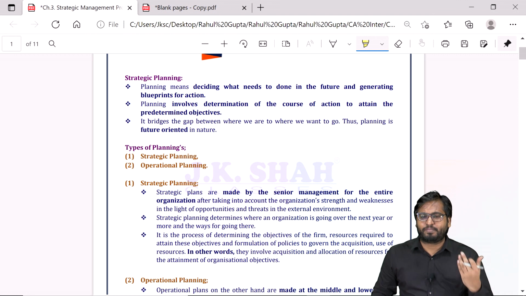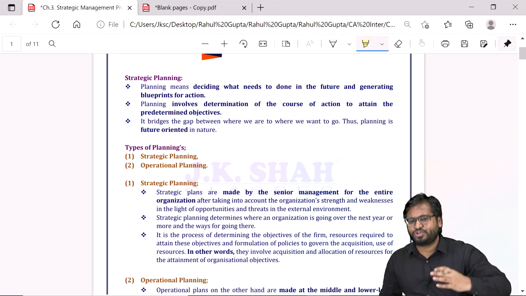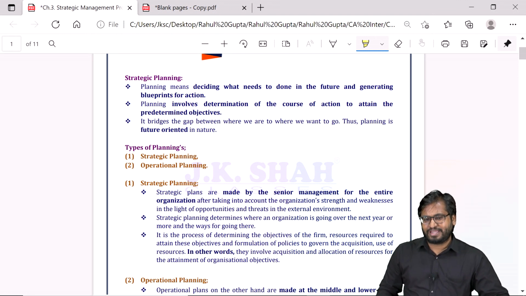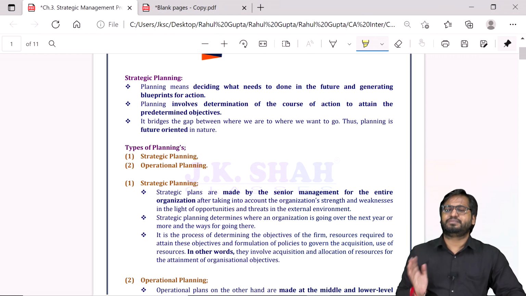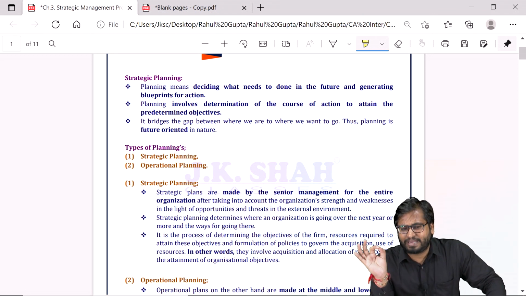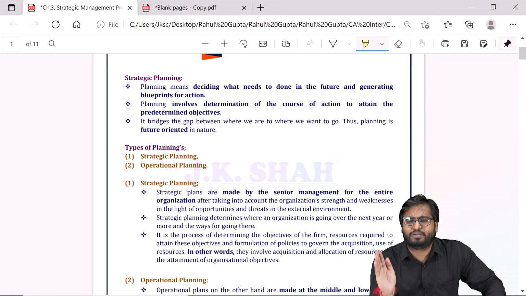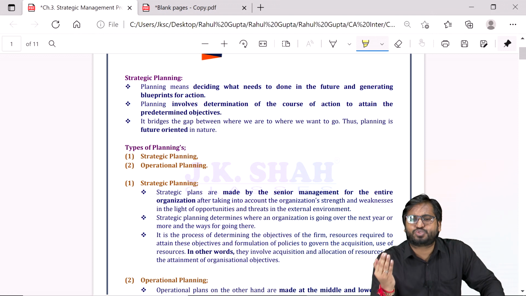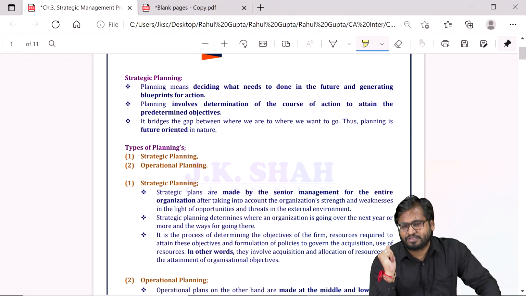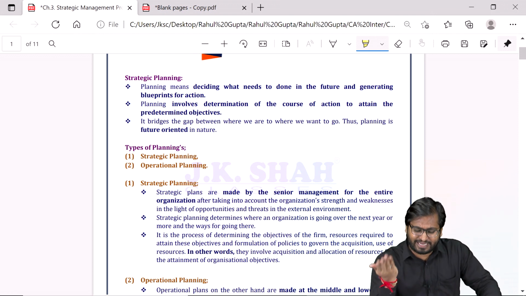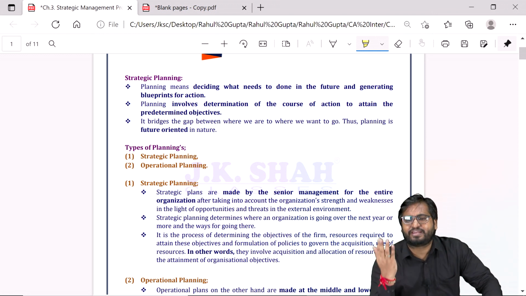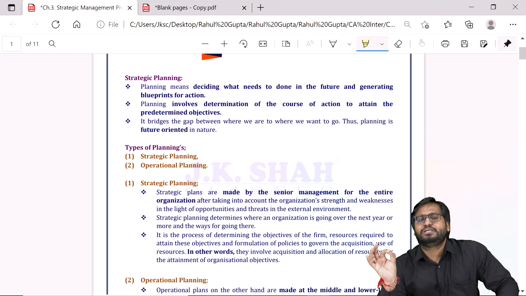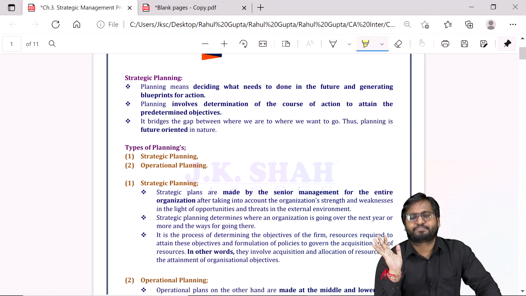Planning which is performed by middle level and lower level management and which relates to day-to-day plans. All the plans which are made on a daily, regular, frequent basis are called operational planning. But planning which is done by the senior management by analyzing the internal and external environment is called strategic planning.